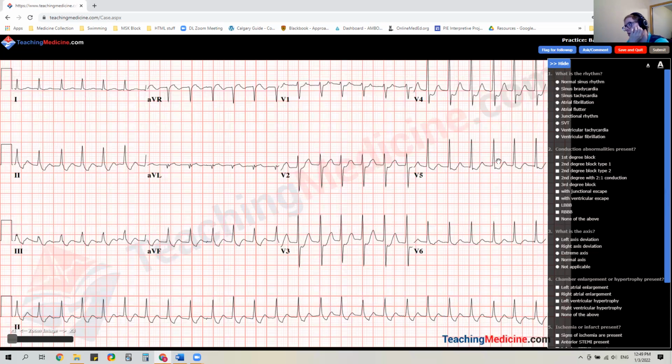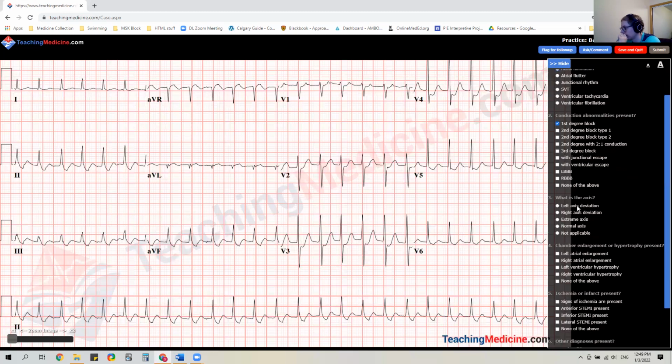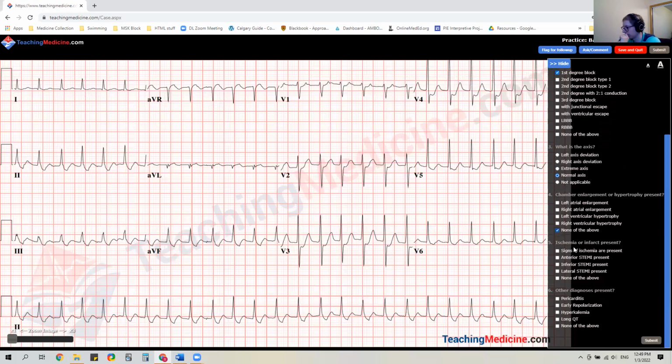So the rate's 150, so that sounds like a sinus tachycardia, because supraventricular is usually like really high, like over 150, like 200 kind of idea. So I think it's a first degree block. The axis is normal. There's no hypertrophies. Signs of ischemia are present, and none of the above.